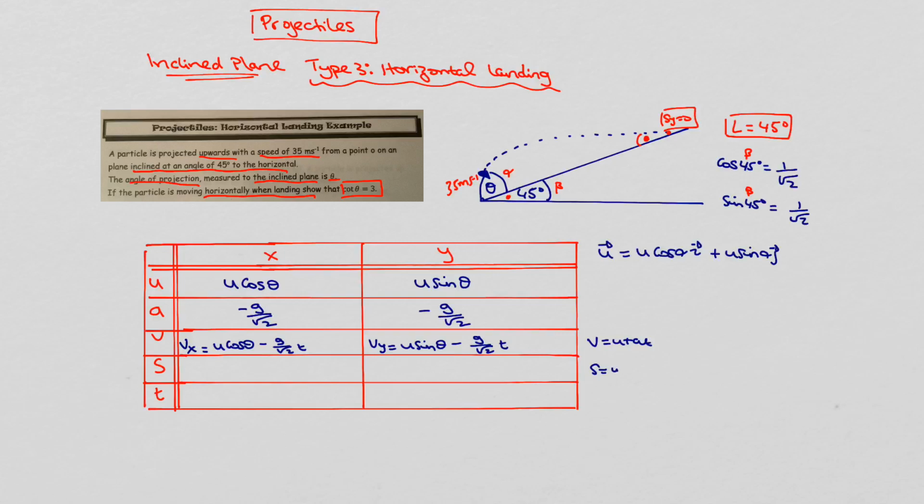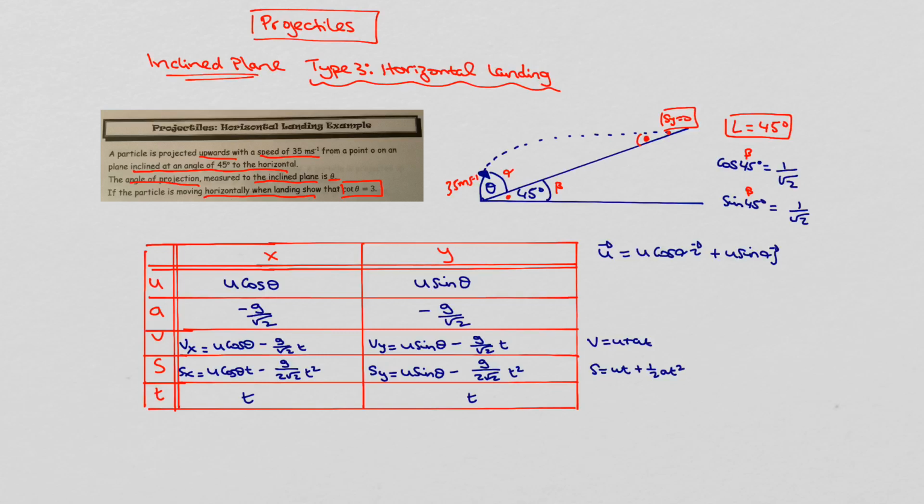S, we have to remember, is ut plus a half at squared. And therefore S in the x direction is U cos theta t minus g over 2 root 2 t squared. So in other words, half at squared. S in the y direction is U sine theta t minus g over 2 root 2 t squared. So again, another half at squared.